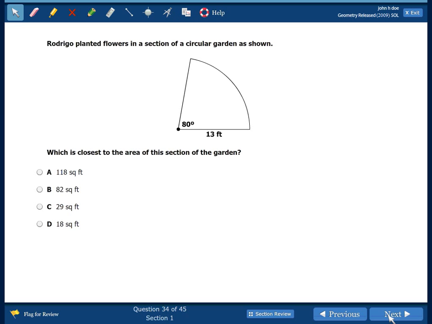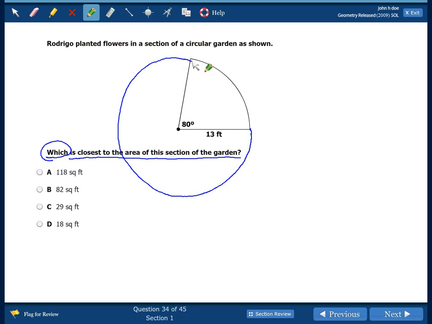So we move on to the next problem, question 34, which is closest to the area of the section of this garden. So we're finding area, and you should see that this is part of an entire circle. So we're finding sector area.